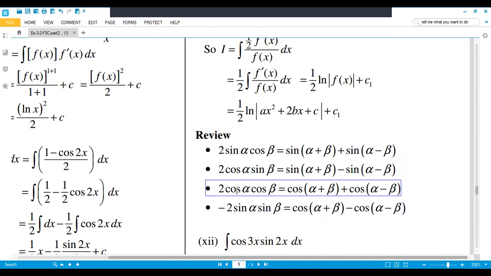If you have 2 cos alpha cos beta, then it is cos alpha plus beta plus cos alpha minus beta. If you have minus 2 sine alpha sine beta, that is equal to cos alpha plus beta minus cos alpha minus beta. With double cos, again cos will come with alpha plus beta but with a plus sign. With double sine with minus 2, again cos will come with alpha plus beta but with a negative sign.